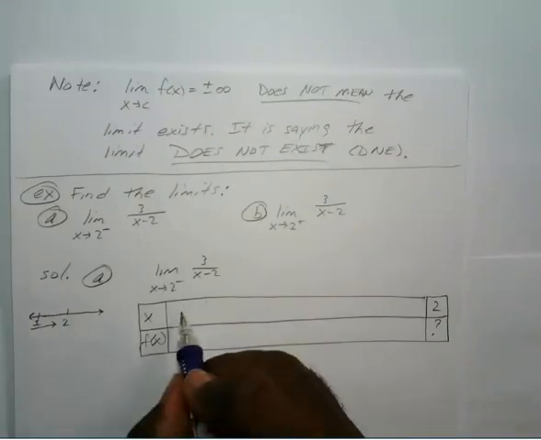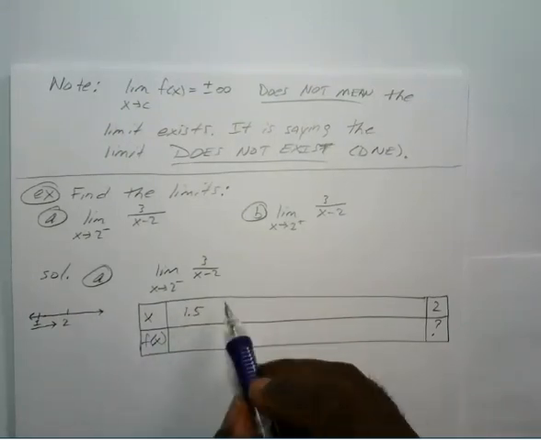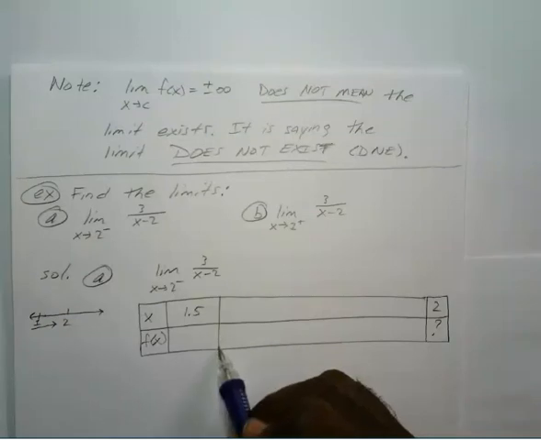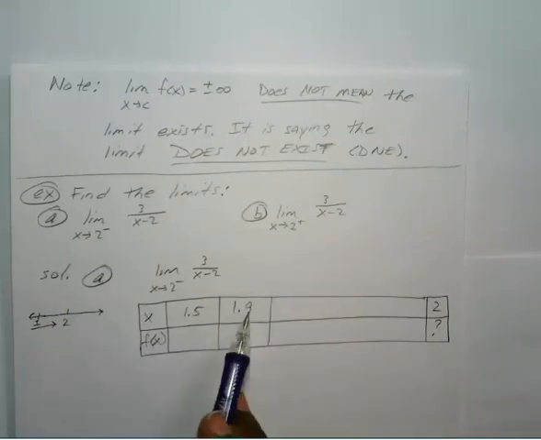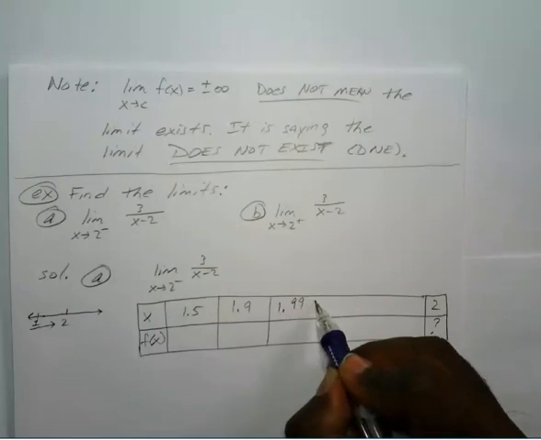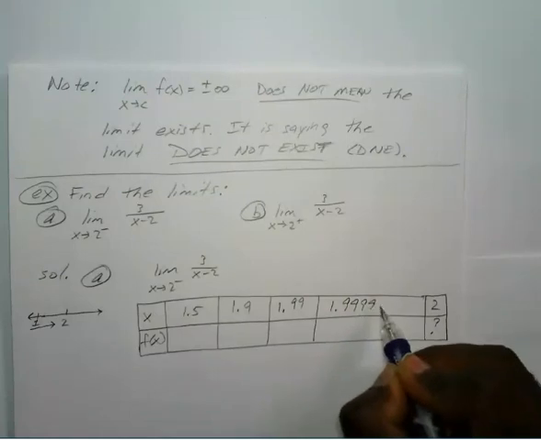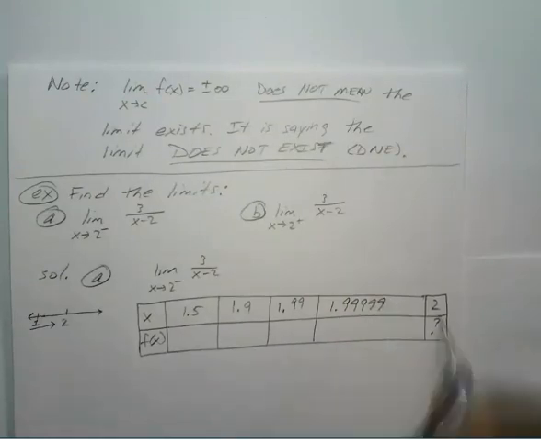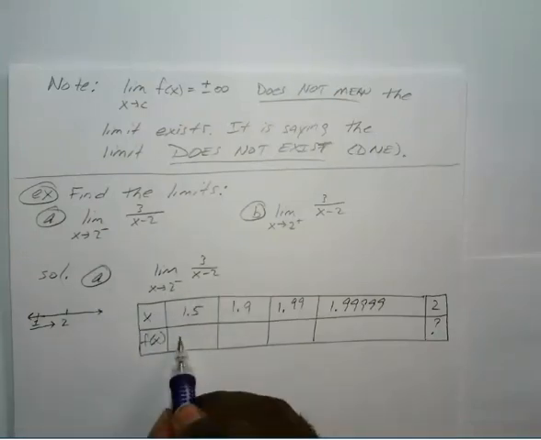Okay, so let's say we plug in x equals 1.5, let's say 1.9, and if you wanted, you could have started right at 1.9, 1.99, etc. So let's say 1.99 and 1.99999. If you plug in x equals 1.5, you'll end up with -6.